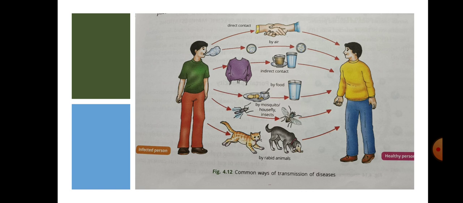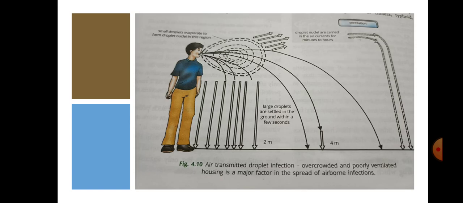Okay, next, droplet infection. Droplets are airborne. The infected person throws out tiny droplets of mucus by coughing, sneezing, spitting or even talking. These droplets may contain pathogens. By inhaling the air containing these droplets, a healthy person may get the infection.